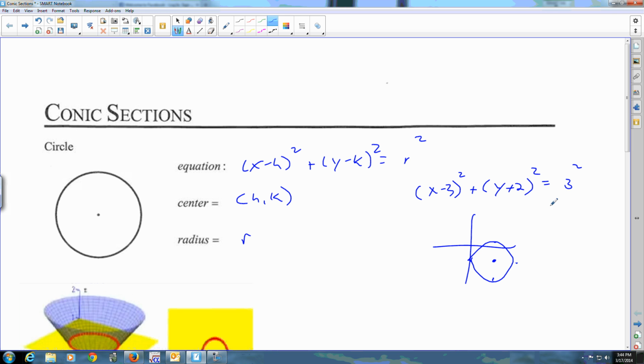Keep in mind that as they're doing this to you, they could give it to you like this. So if I were to get rid of this graph so I could make it a little more obvious what I'm trying to explain here, hopefully a little more obvious. This is 9. If I were to take it, divide by 9 on everything, then you got x minus 3 squared over 9 plus y plus 2 squared over 9 is equal to 1.